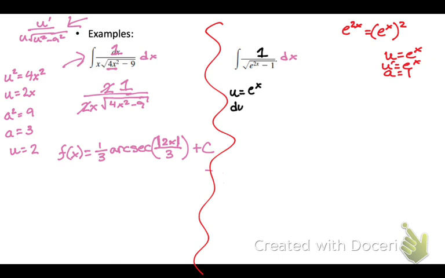So du would be e to the x dx. So my problem is I have this dx here that I don't have covered anywhere, do I? But guess what I can do? Can I solve this for dx? So dx would equal du divided by e to the x. Then it would become 1.